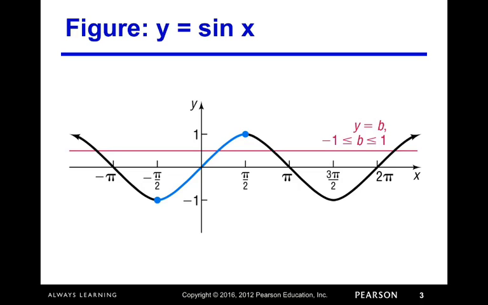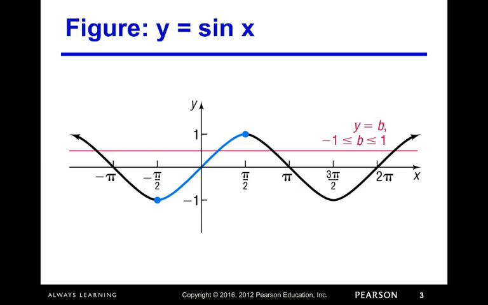Now, as we look at this and we start talking about inverse functions for trigonometric functions, we first have to notice that this is continuous. This is looking at the sine curve over its entire domain, which is from negative infinity to positive infinity. What we do notice is that this has repeating y values.